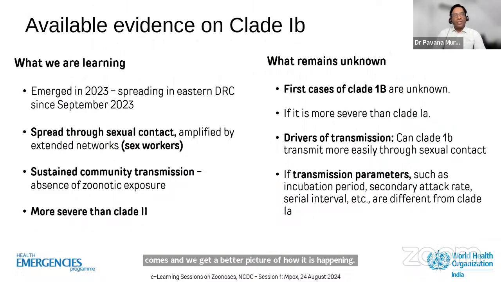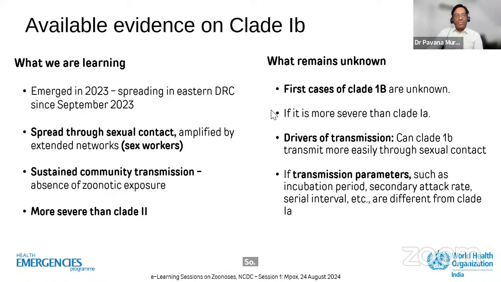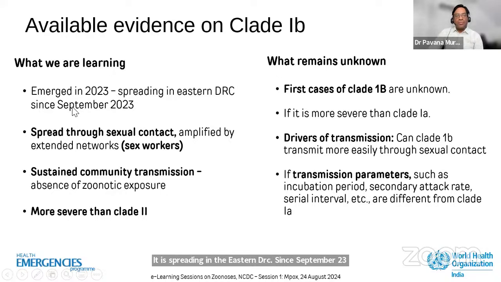So available evidence on clade 1B, what we are learning is that it emerged in 2023. It is spreading in the eastern DRC since September 2023. And what we know is that it spreads more through sexual contact, and it is being amplified by extended networks, especially the sex workers who are there.